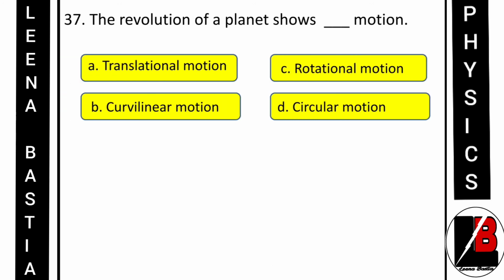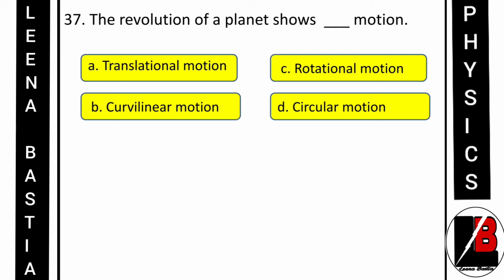Question number 37. The revolution of a planet shows dash motion. Okay, revolution of a planet means it is in an orbit. Remember one of the activities explained in my videos. You can see that in your NCERT book also, that activity is given. So you just go through it, and if you remember, you can answer.